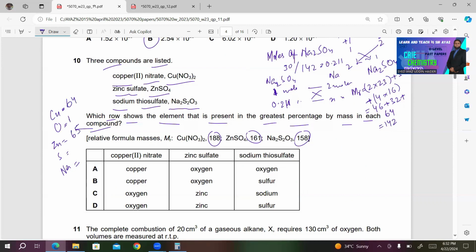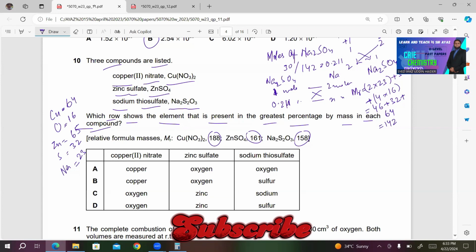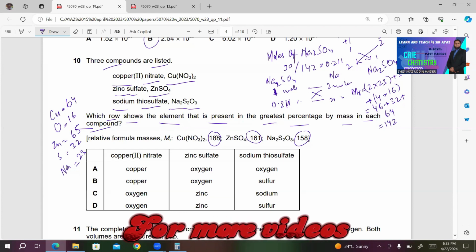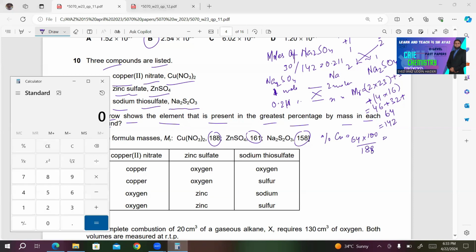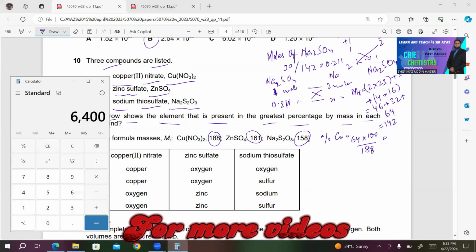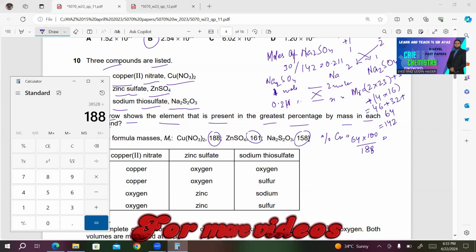Oxygen, it's 16. Sulfur is 32. Sodium is 23. Let's work out for copper 2 nitrate first. So we have one atom of copper. So 64 will be multiplied by 100 divided by 188.